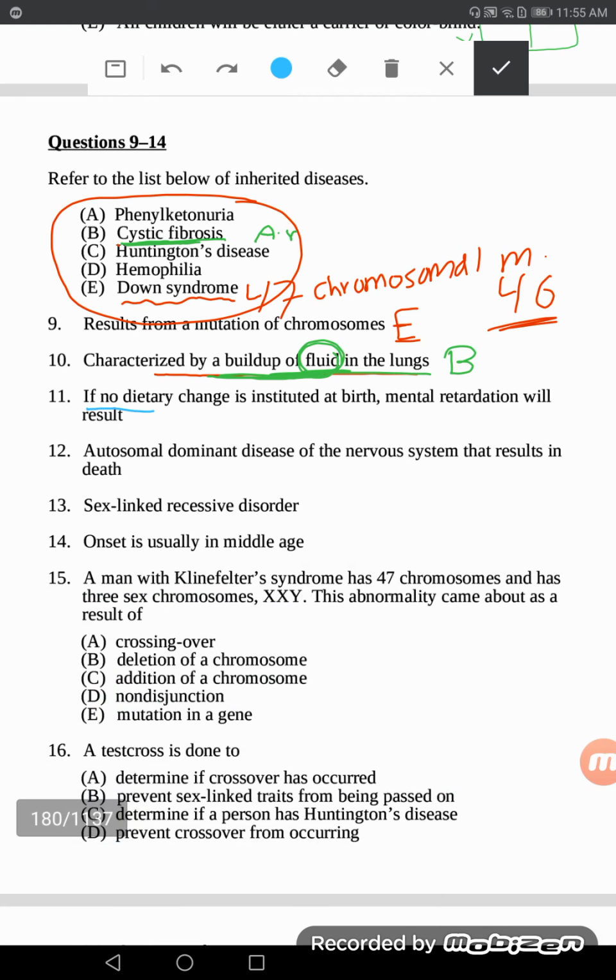If no dietary change is instituted at birth, mental retardation will result. So, dear students, we have a disease we call phenylketonuria. We know that we have 20 types of amino acids. Phenylalanine is one type of amino acid, and in our body we have an enzyme that digests this phenylalanine.